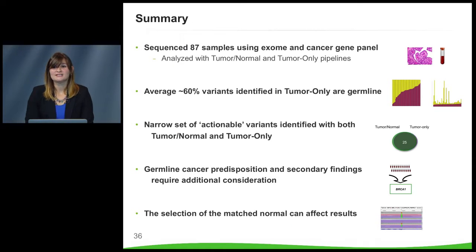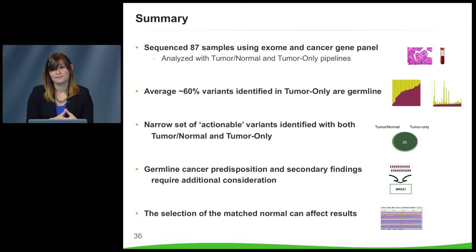So in summary, we sequenced 87 tumor samples using both our augmented cancer panel and our exome, and analyzed these with our tumor-normal and our tumor-only somatic analysis pipelines. We found that the proportion of variants identified in tumor-only that are actually reclassified as germline when the matched normal is available varies widely across samples, but averages around 60%.